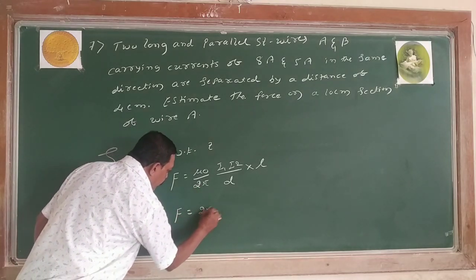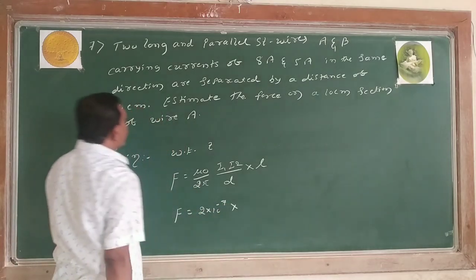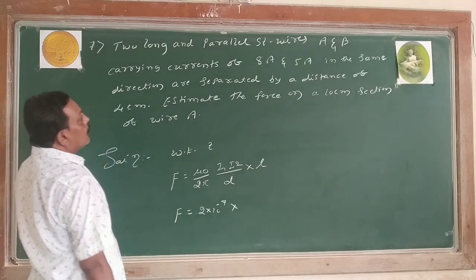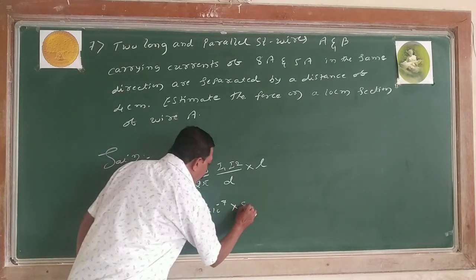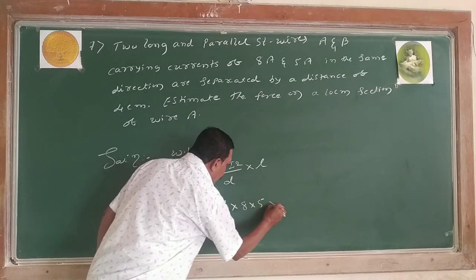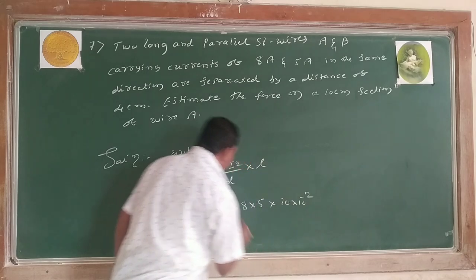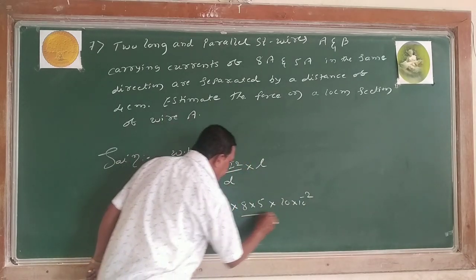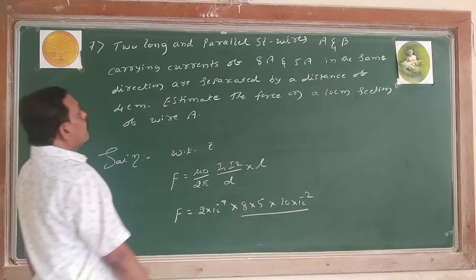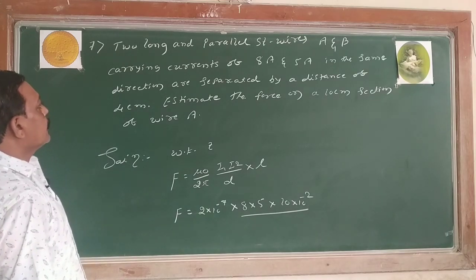What is I1? 8 ampere. What is I2? 5 ampere. What is length? 10 centimeter. Distance, separated by a distance of 4 centimeters.